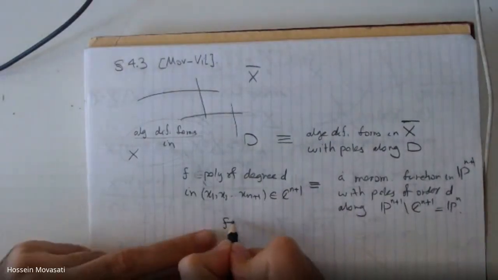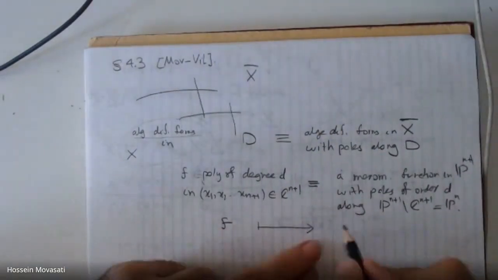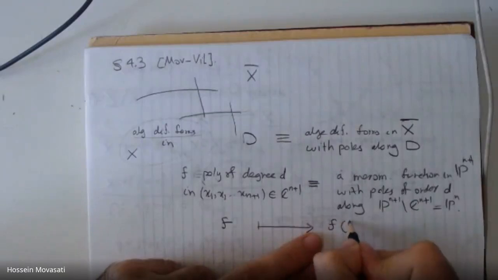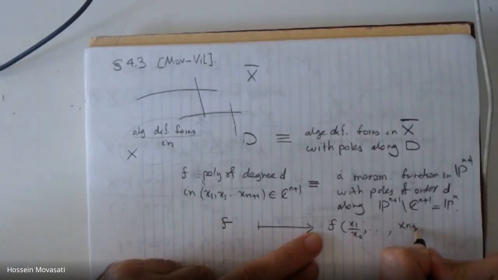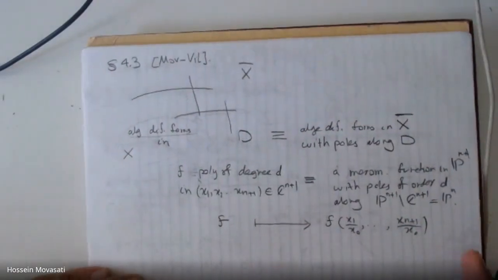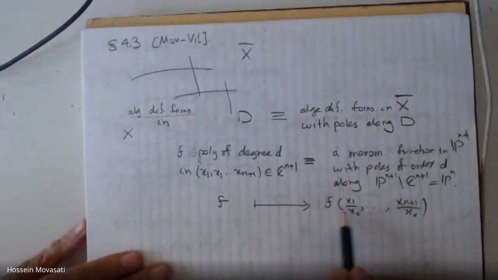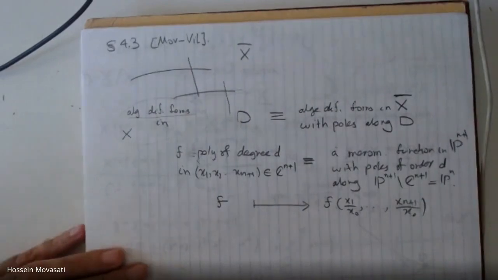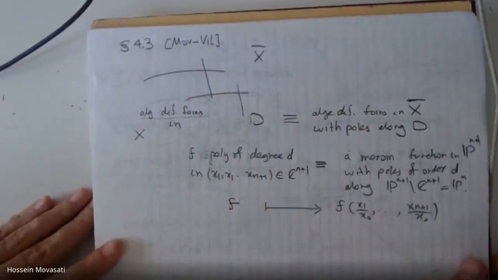This is just the process of homogenization. If you take the whole f(x1/x0, ..., x_{n+1}/x0), and you do this homogenization, then at the end x0 to the d will come in the denominator. Anyway, this is one first step here.